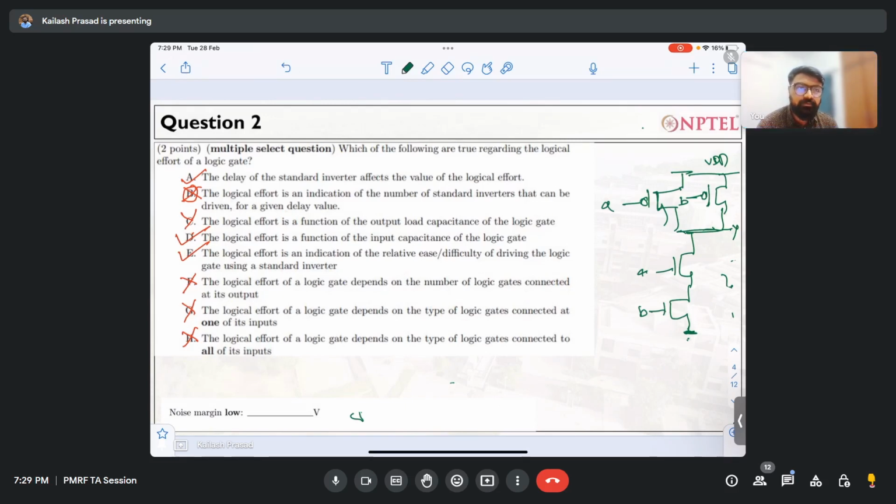For PMOS it is 2, for NMOS it is 2 size. And the logical effort is 4 by 3. So you are saying that everything will be 2. Yes. What about others? Everybody agrees with that?